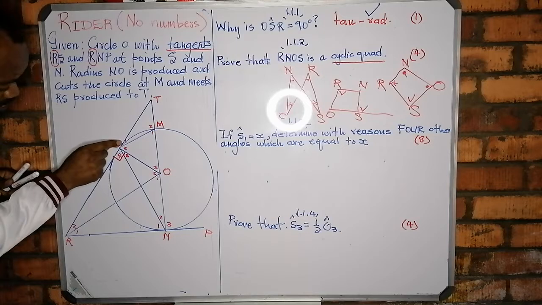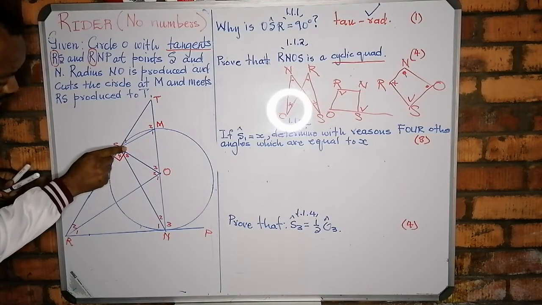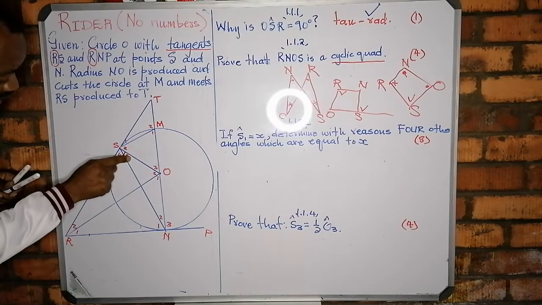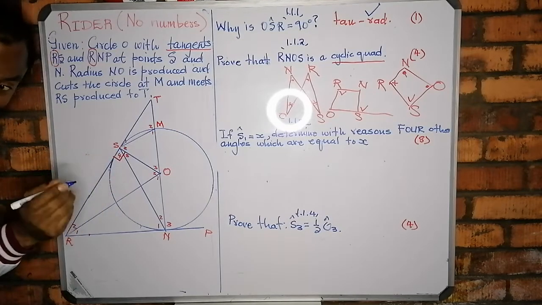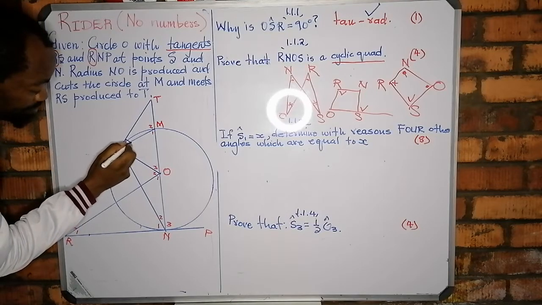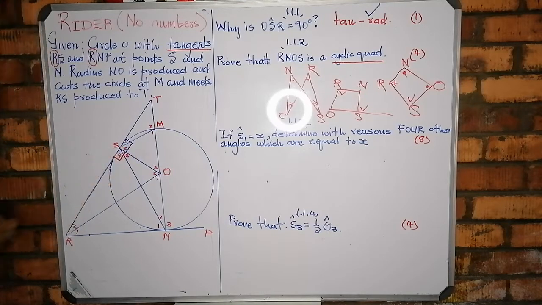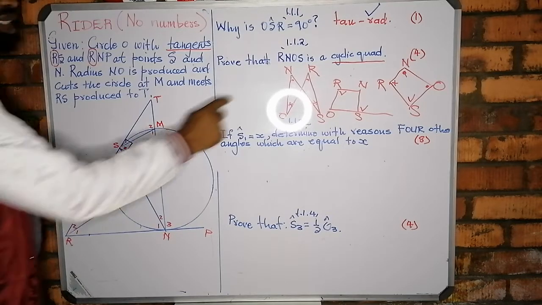Can you see that we've got angle S1 plus angle S2 plus angle S3 plus angle S4, which must add up to 180 degrees, I'm sorry. Now that means that angle S1 plus angle S2 is also 90 degrees. What is the reason? There.